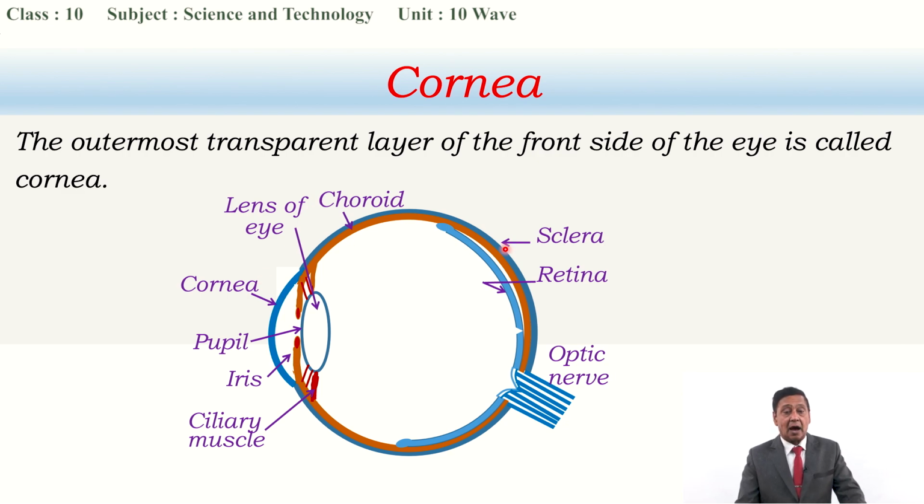The sclera, the outermost layer of the eyeball, bulges a little at the front side of the eye and forms what? A transparent layer. This is called the cornea. Yes, now we have to take care of the cornea, because if there is any damage or any problem in the cornea, that becomes very dangerous. That cannot be corrected easily. Look at this.